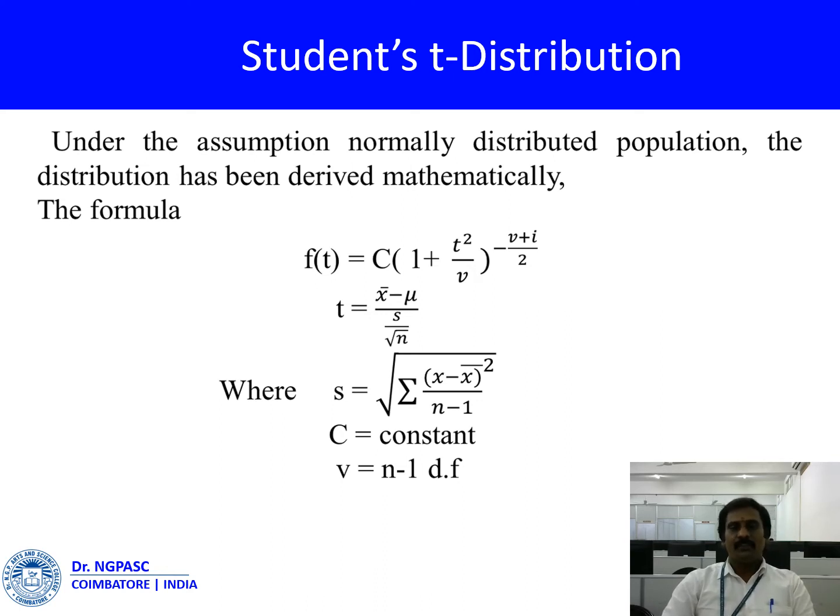The formula for f of t, Student's t-distribution: f of t is equal to c into 1 plus t squared by v, the whole power minus (v plus 1) by 2. Here t is equal to x bar minus mu divided by s by root n, and s is equal to root of summation x minus x bar the whole squared by n minus 1. C is a constant and v is equal to n minus 1 degrees of freedom.